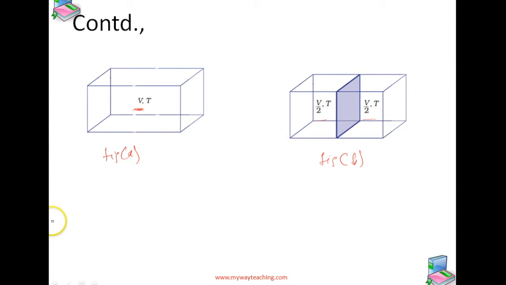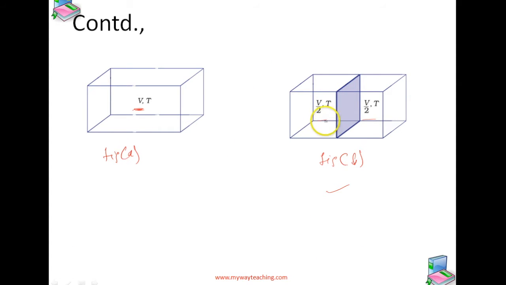Let us make a partition such that the volume is halved, as shown in this figure. Figure B now has half of the original volume, V by 2, but the temperature will still remain the same, that is T. It is clear that volume is an extensive property and temperature is an intensive property.